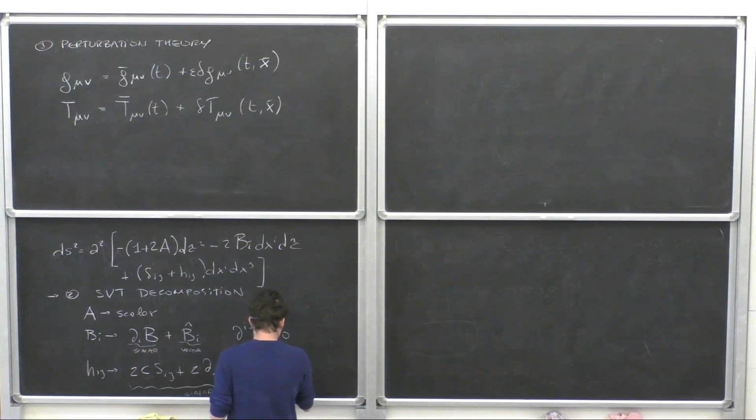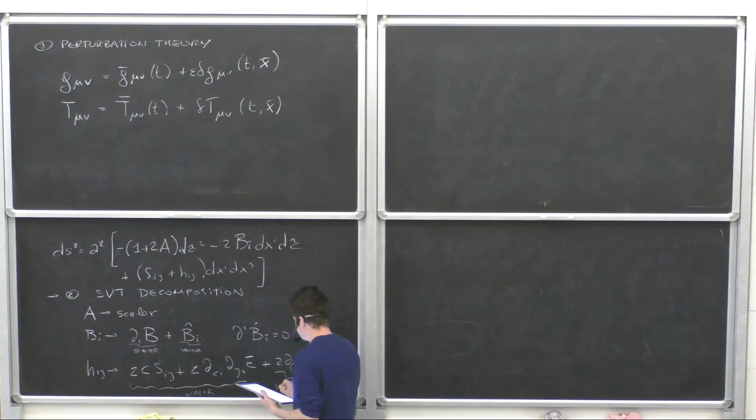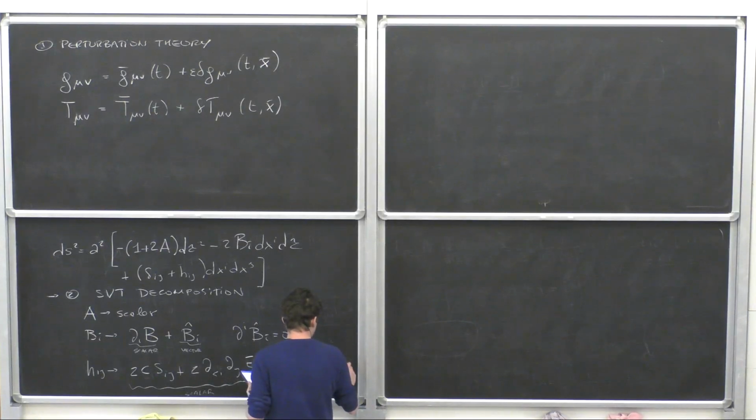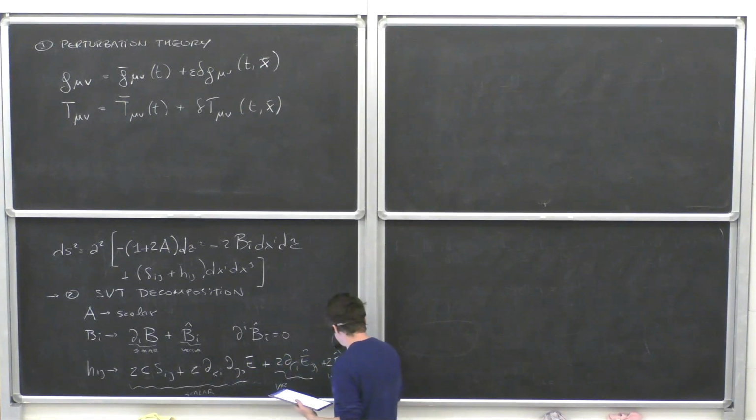Plus 2 d_i E_j, and this is the vector component, plus 2 E_ij, and this is the tensor component.